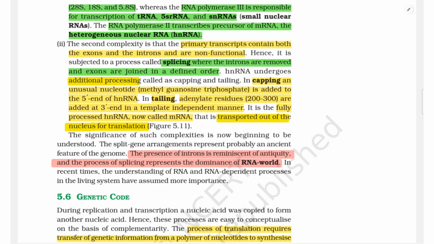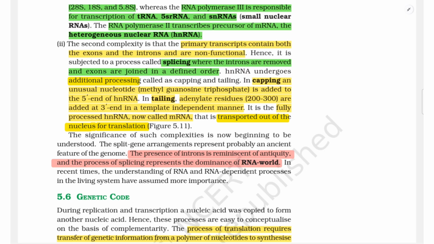Number two, the second complexity is that the primary transcripts contain both the exons and the introns and are non-functional. Hence, it is subjected to a process called splicing where the introns are removed and exons are joined in a definite order. hnRNA undergoes additional processing called capping and tailing.